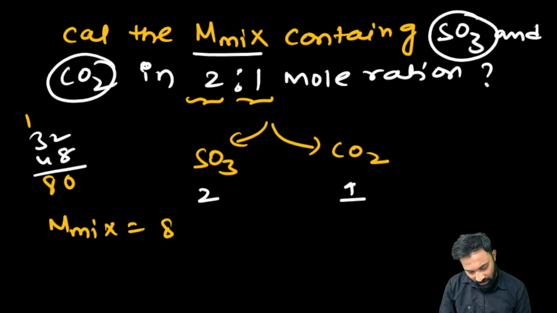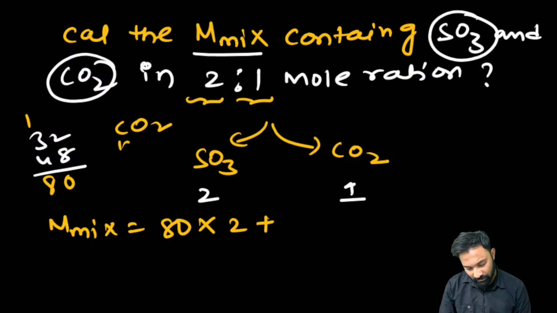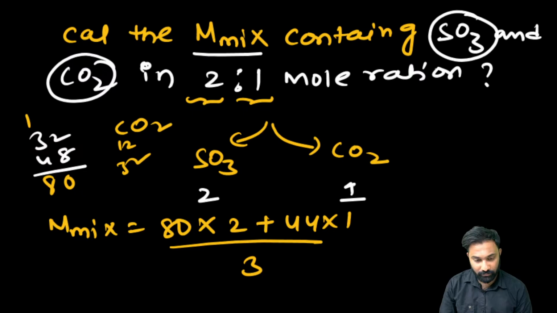So SO3 molar mass is 80, and its mole ratio is 2, plus CO2, which is carbon 12 and oxygen 32, so 44, into 1, by 3. How much will you get?